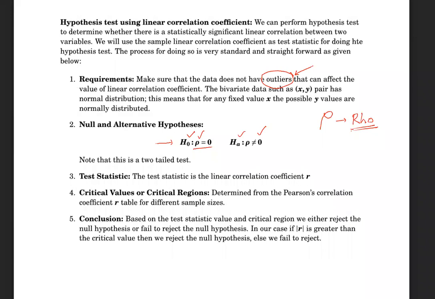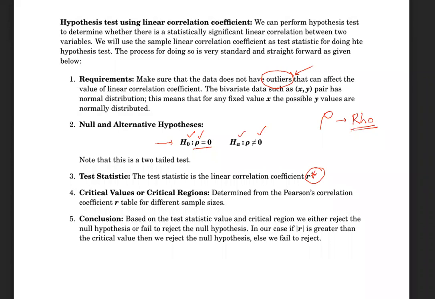Your test statistic, which technically should be R star, that's the convention that I have been using. R star is your test statistic, nothing but the linear correlation coefficient value that you get by using the data that you have been provided.